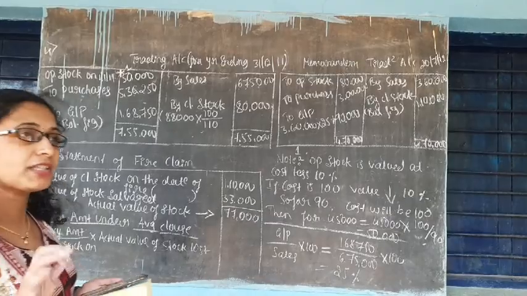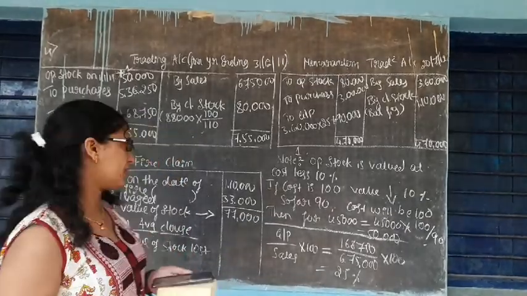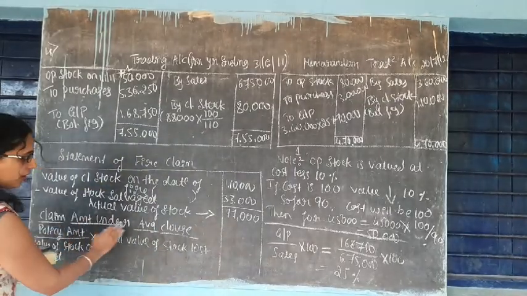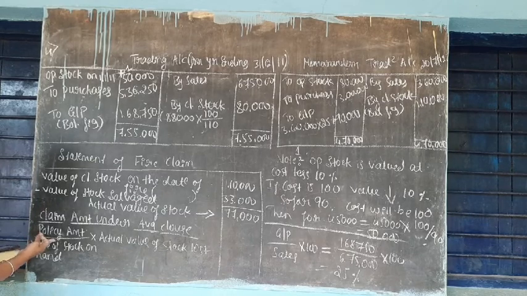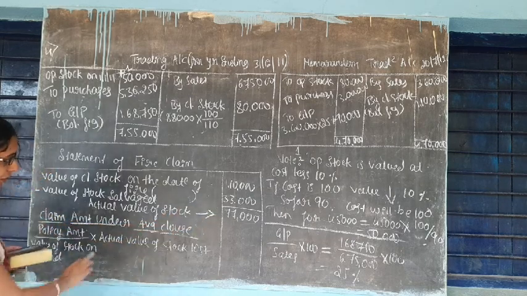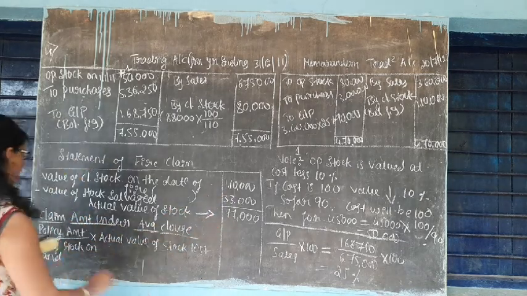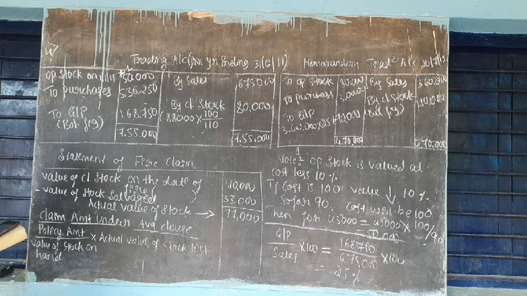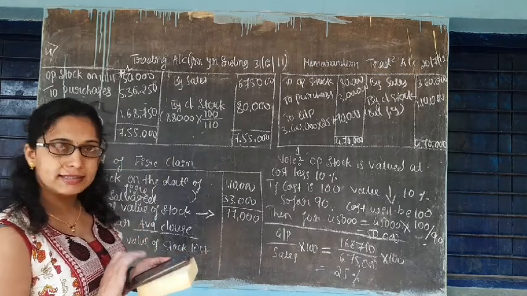Now they have specifically mentioned that you should show it under the average clause. So, average claim amount under average clause. That is this formula you have to use: policy amount, the amount of the policy you have taken as a fire insurance, and value of stock on hand at the date of fire into actual value of the stock. So, policy amount is given in the problem that the amount of policy was for 60,000 rupees.